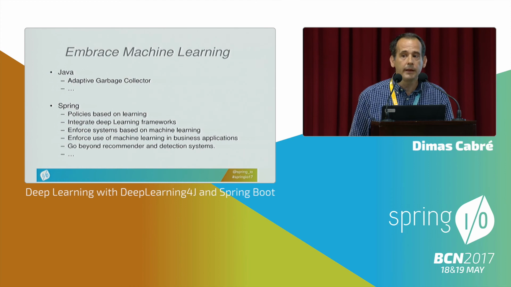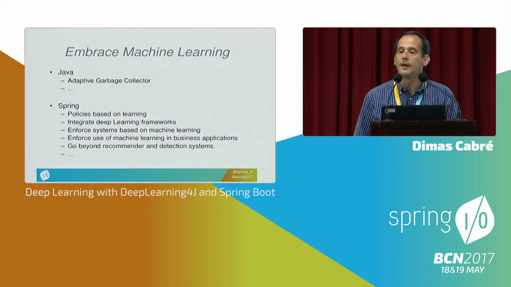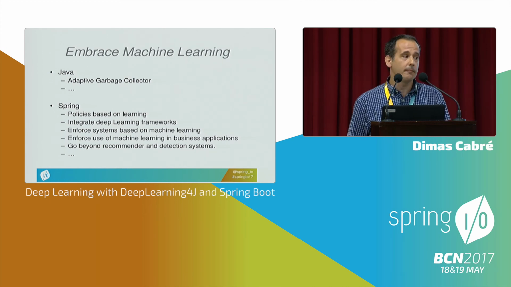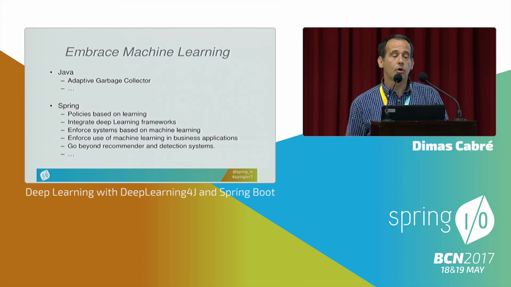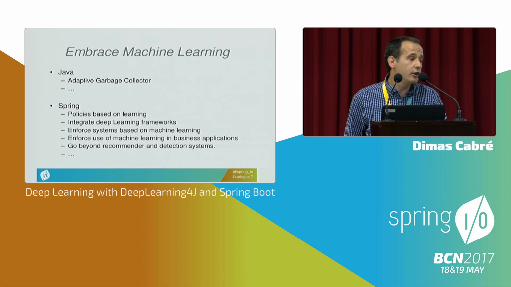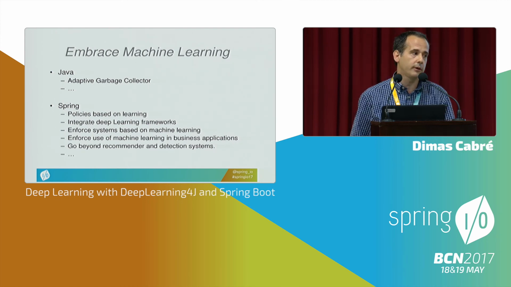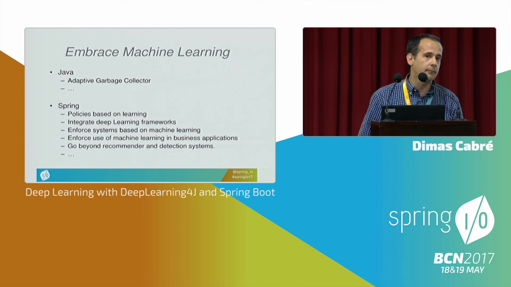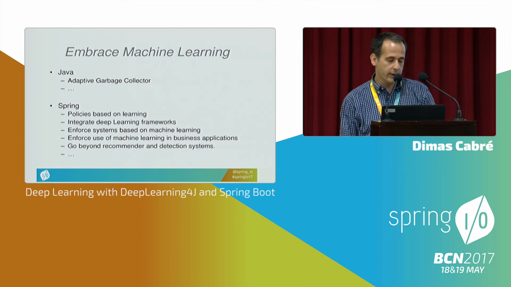I think Spring has a very good opportunity to consider seriously making, as Spring did already in the past for many functionalities, a wrapper that would let all Java developers working in Spring work with machine learning in a very easy and attractive way. Okay?